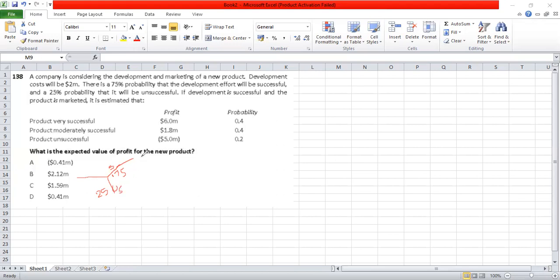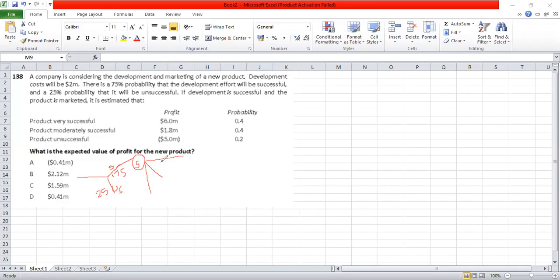But if it is successful, then again it opens up to three different alternatives: the product is successful, moderately successful, and unsuccessful. So there are three different things arising.